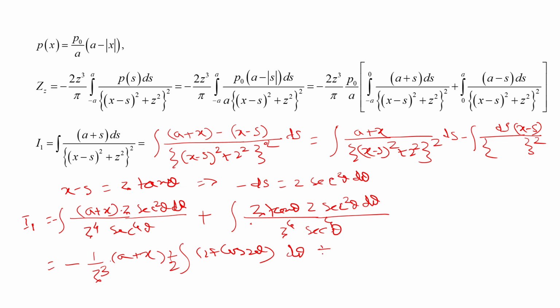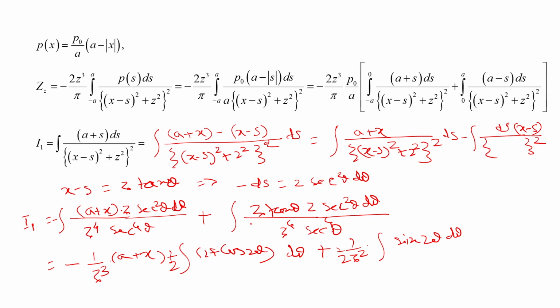And then plus 1 by z square here, and here it is sec square theta in the denominator, this is sin theta by cos theta, and this is sec square theta. So one sec theta gets cancelled, so it will be sin theta cos theta, and I divide it by 2 to make it sin 2 theta. So sin 2 theta is what I should get, and d theta like this.